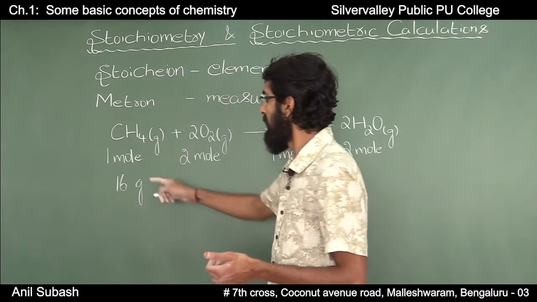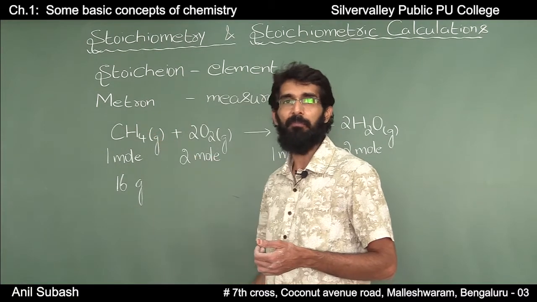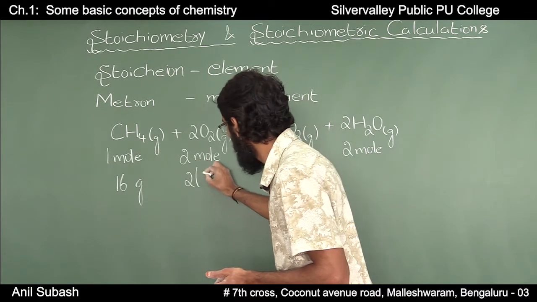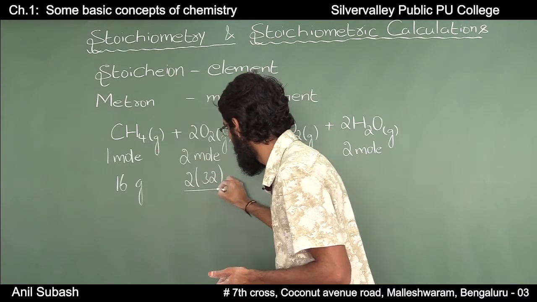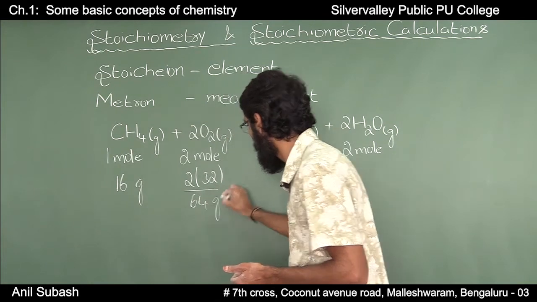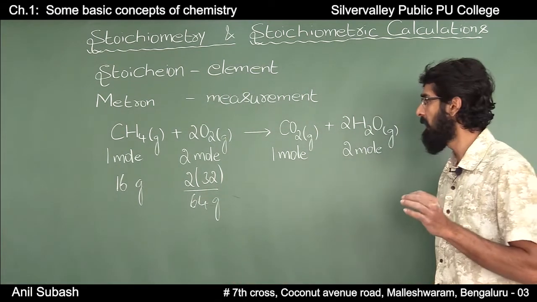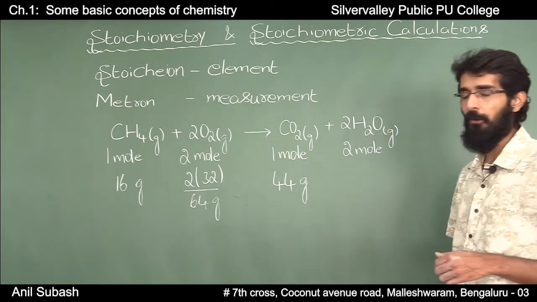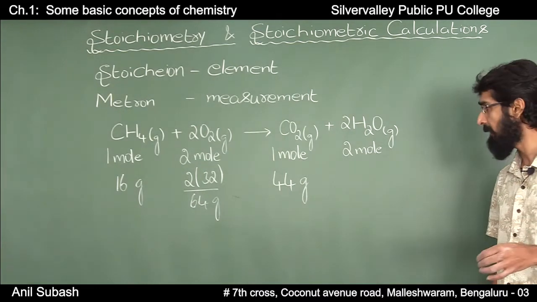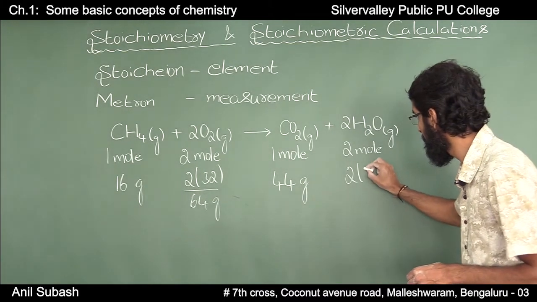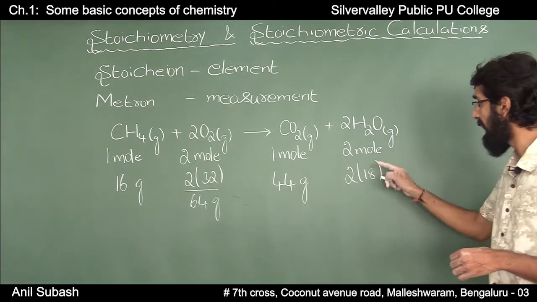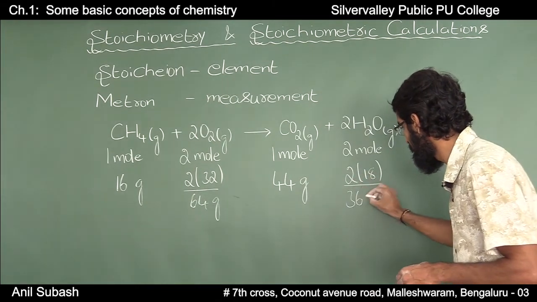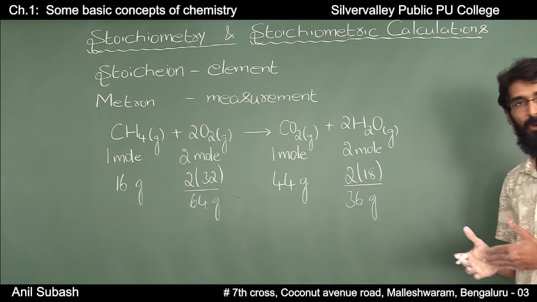16 gram, which is the molecular mass of methane, will combine with 2 into 32, that is 64 grams of oxygen to produce 44 grams of carbon dioxide, and 2 into 18, 18 is the molecular mass of water, that is 36 gram of water.